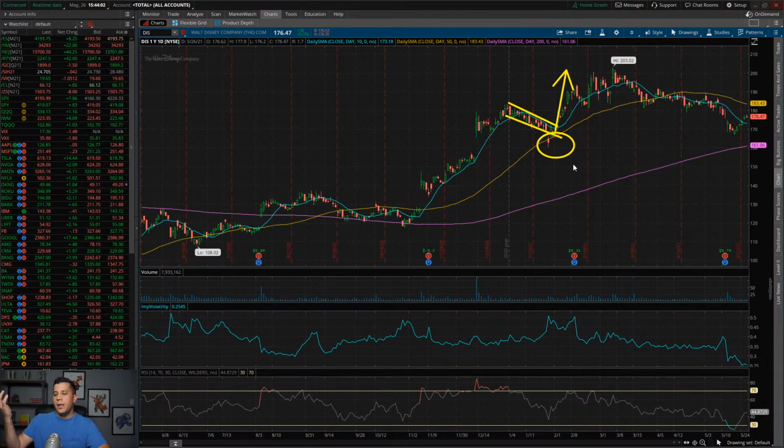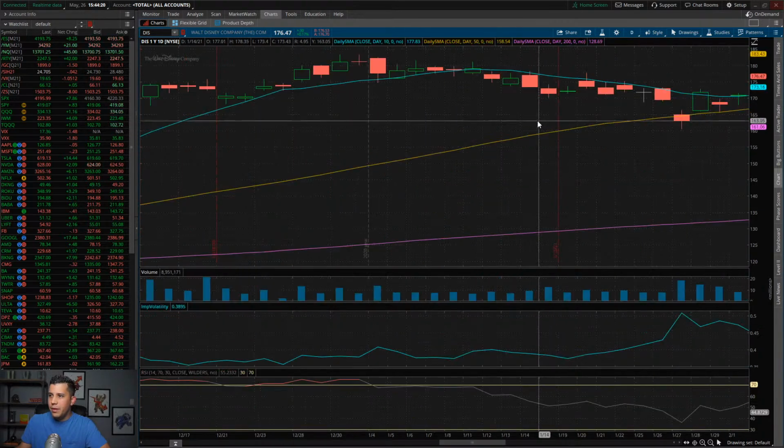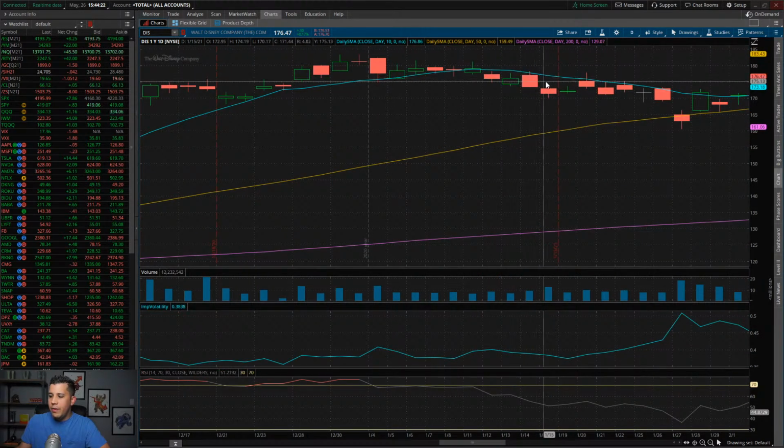This stuff's not rocket science, but the issue for us as humans is controlling ourselves and not buying the dip. If you look at this channel right in here, and you bought the dip every day, when you're zoomed in it doesn't really look like anything, but you're going to be costing yourself a lot of money.